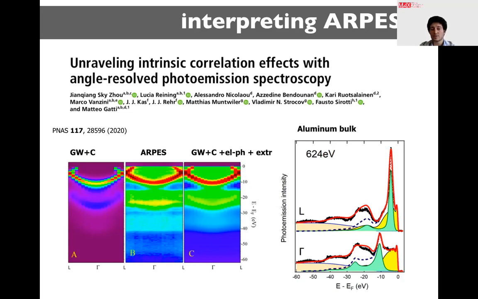But if you really want to simulate the experimental photocurrent, you really need to also add some extra effects related to electron-phonon coupling and temperature that can still be considered as intrinsic, but also some extrinsic losses proper of the experimental setup. And if you do that, you reach very interesting and nice agreement with the experiment.